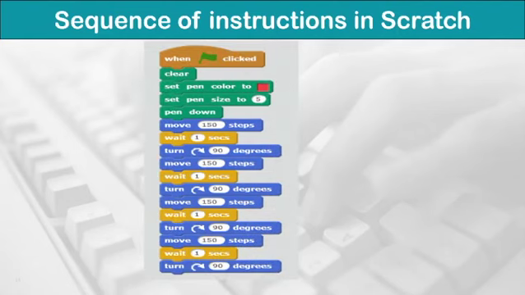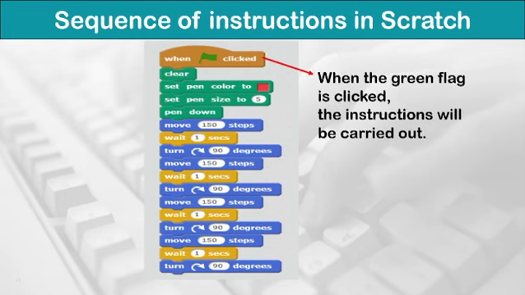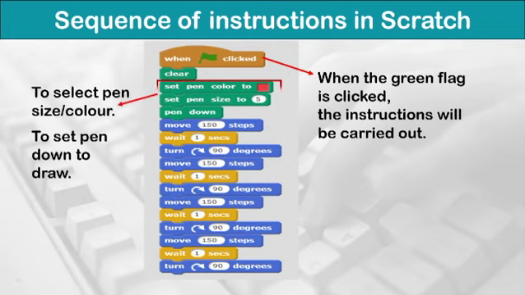Here is another example of a sequence of instructions in Scratch. Let us read the codes. When the green flag is clicked, the instructions will be carried out. The green blocks are used to clear the screen, select pen size and pen color, and also to set pen down to draw.